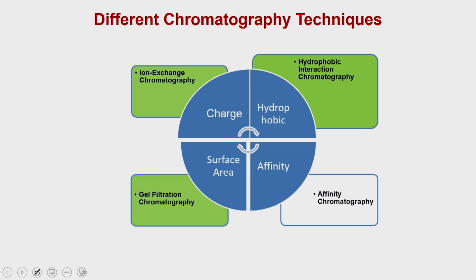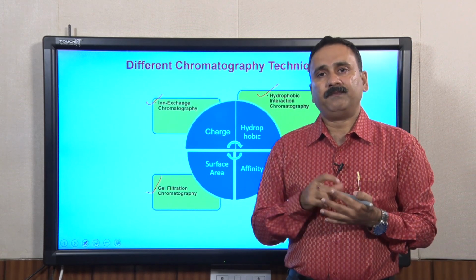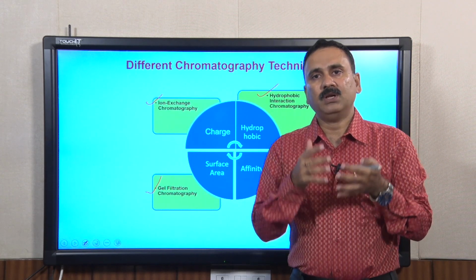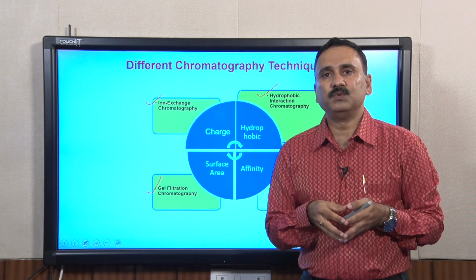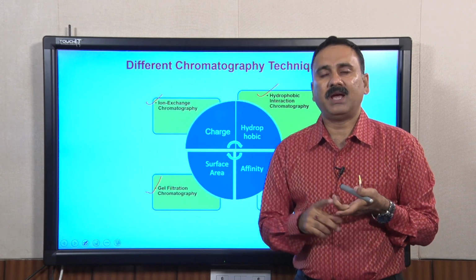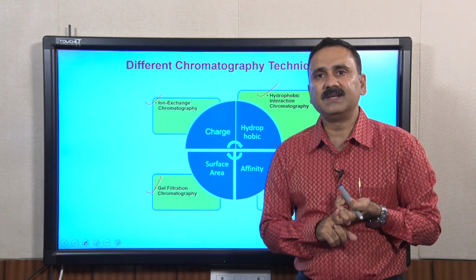So, now with this we have already discussed ion exchange chromatography, hydrophobic interaction chromatography, and gel filtration chromatography. So far we have discussed all these three chromatography techniques which people very often use for protein purification as well as the characterization of proteins.